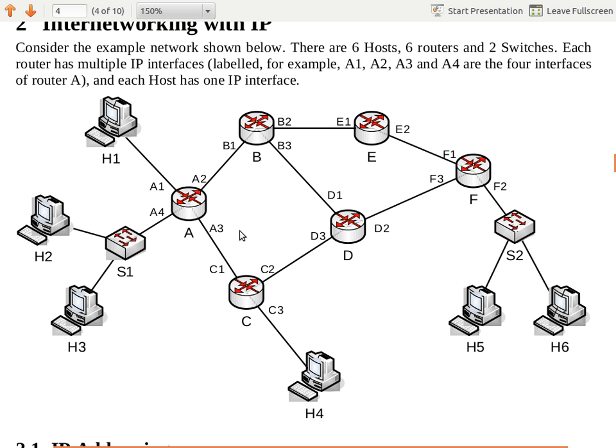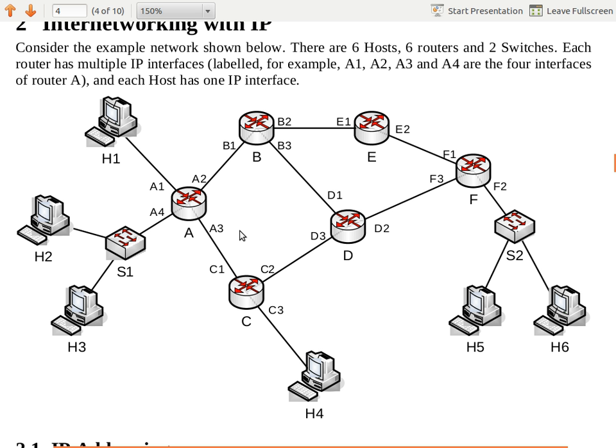Let's say net 2 is this one. And then net 3 has host 4 and net 4 has host 5 and 6. Find the network address for net 4, which is this one.